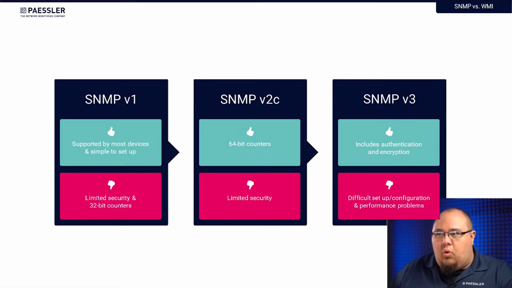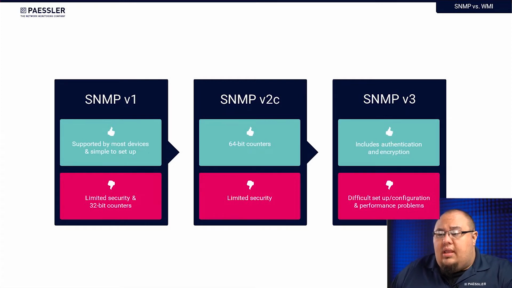Every device that supports v1 will usually support v2c, although there are some exceptions. v2c does have 64-bit counters, so for your interfaces that have really high interface counter numbers, it's not a problem at all. There's also a few extra things that v2c supports in terms of different counter types over version 1.